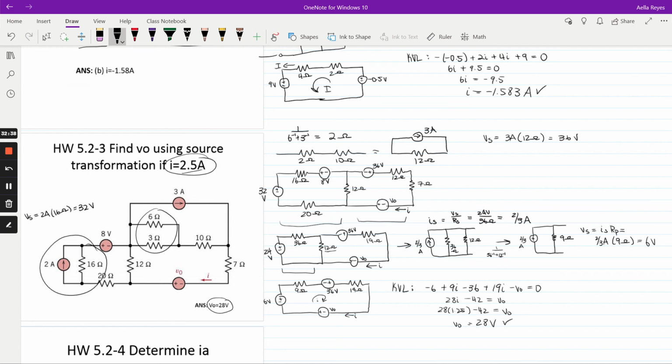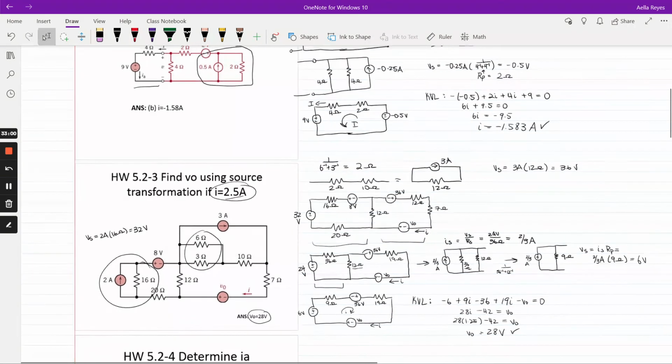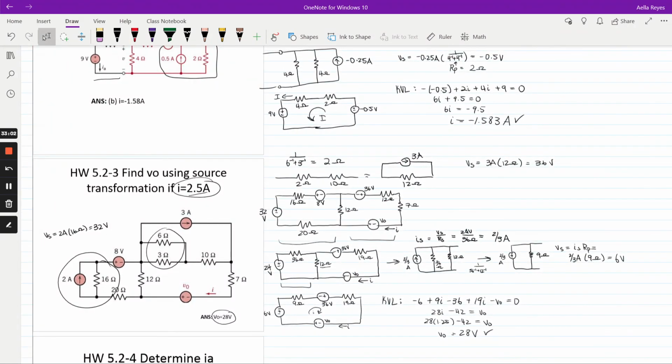So if most of the circuit is voltage sources, you want to source transform anything with a current source, and vice versa, right? If most of the circuit at the end is current sources, or the thing you're trying to find is a current source, you want to source transform anything that isn't a current source already. So that's my tip for this one: source transform it into the same type of source.